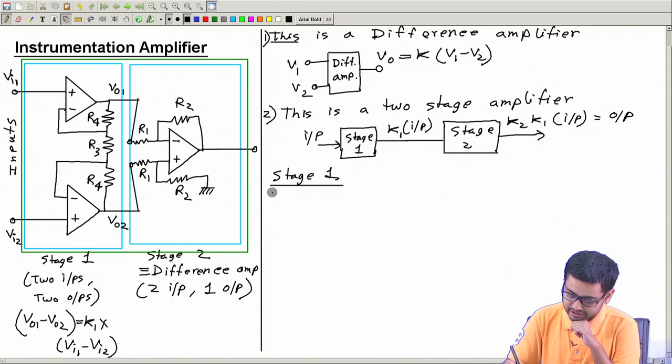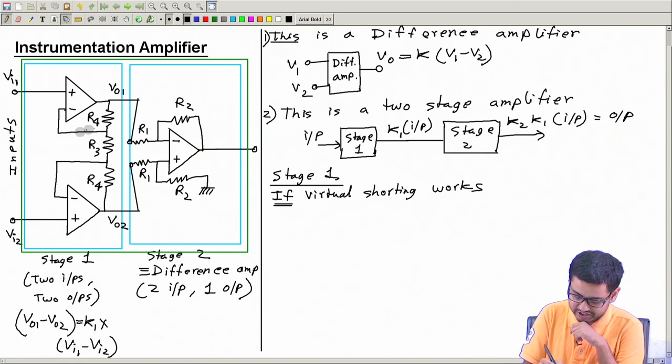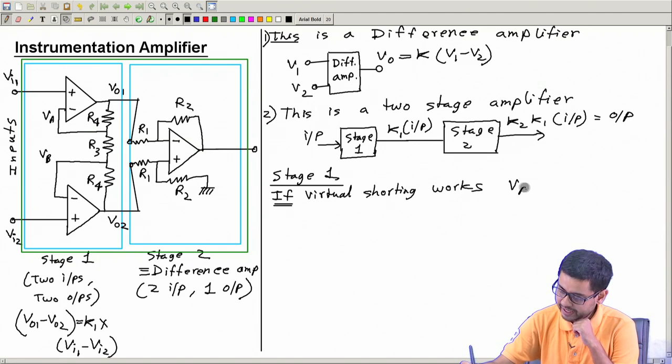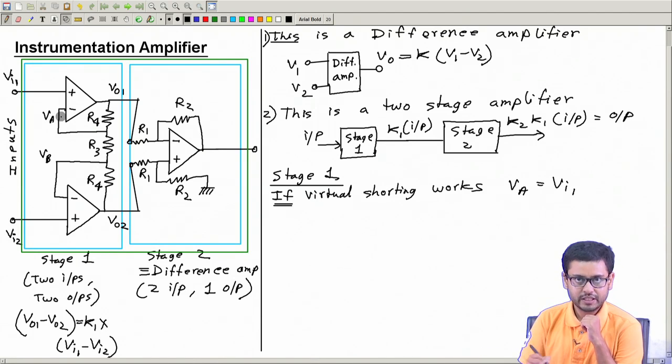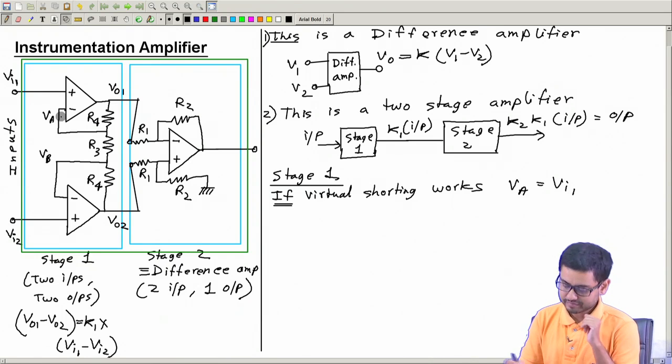Call this potential Va and this Vb. Then Va will be equal to Vi1, if virtual shorting works, let us assume it works for now.